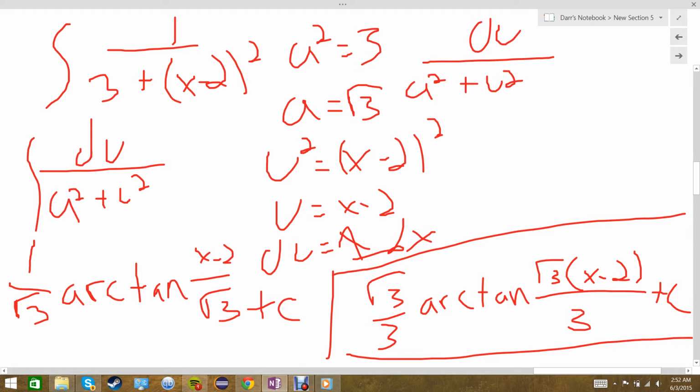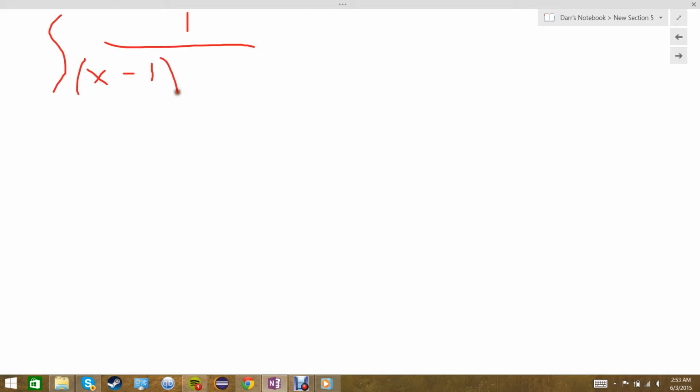Okay, so we can do this problem right here, which is the integral of 1 over x minus 1 times radical x squared minus 2x dx.